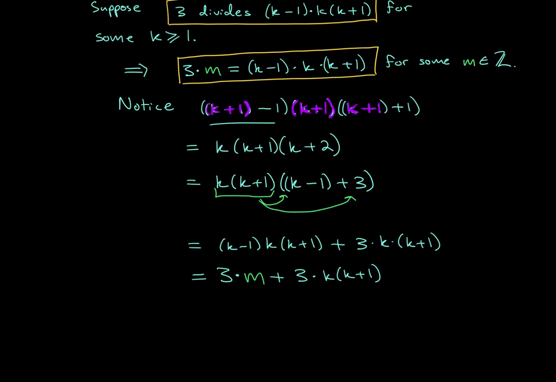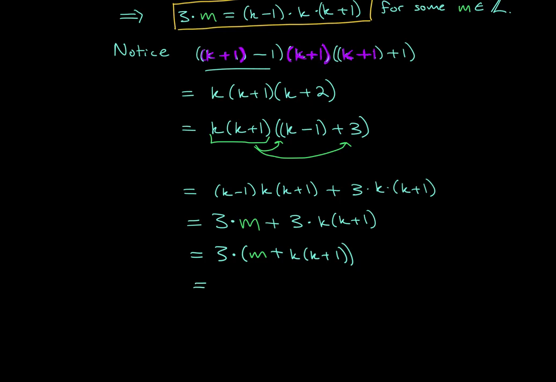What I was hoping, this whole goal, was that this was divisible by 3. In other words, I really hope that 3 times some number is equal to this thing. So let's see. I think we're pretty much there. This is equal to 3 times m plus k times k plus 1. But guess what? That is simply 3 times, I'll go with L, or orange L.